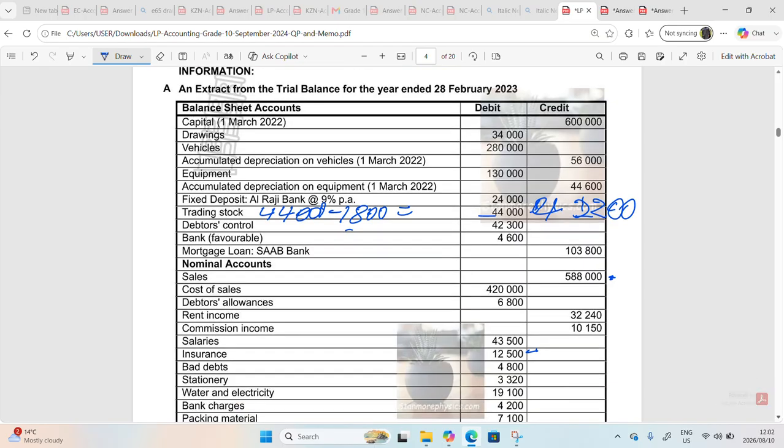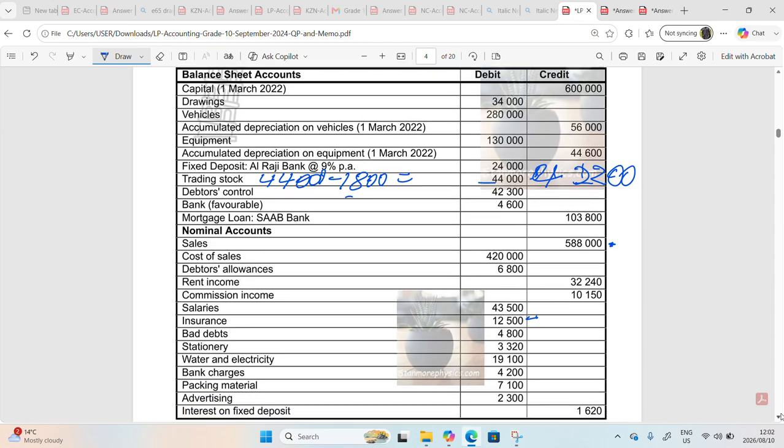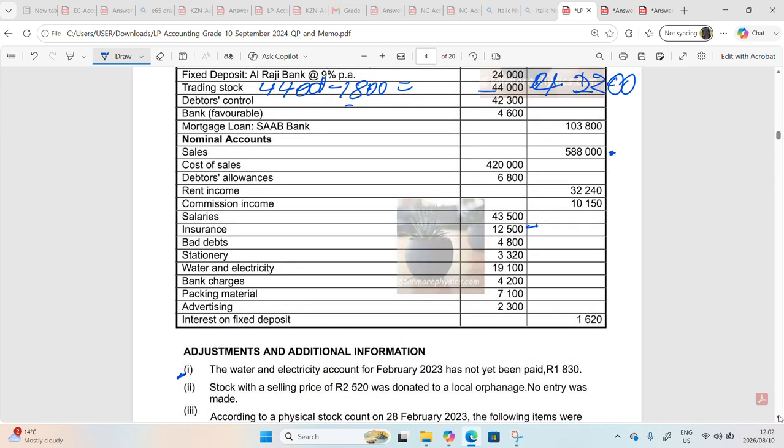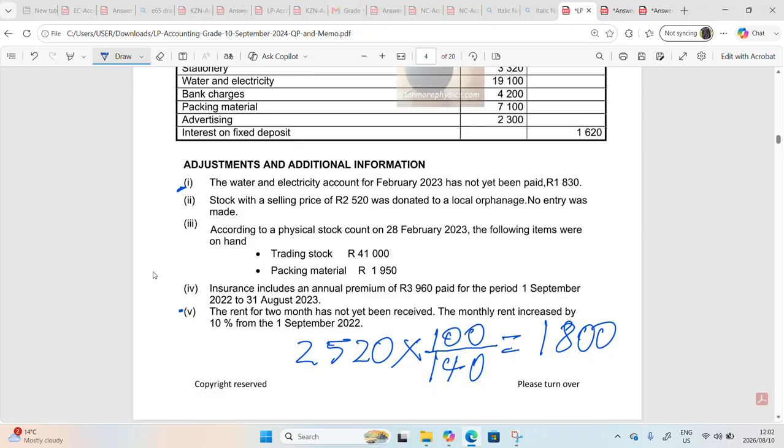So I want you to check the additional information. On Roman figure number 2, according to the physical stock count on 28 February, the following items were on hand. Can you see that on hand we have less trading stock? If we have less trading stock on hand compared to the trading stock on the list of balances, just know that we have a trading stock deficit.